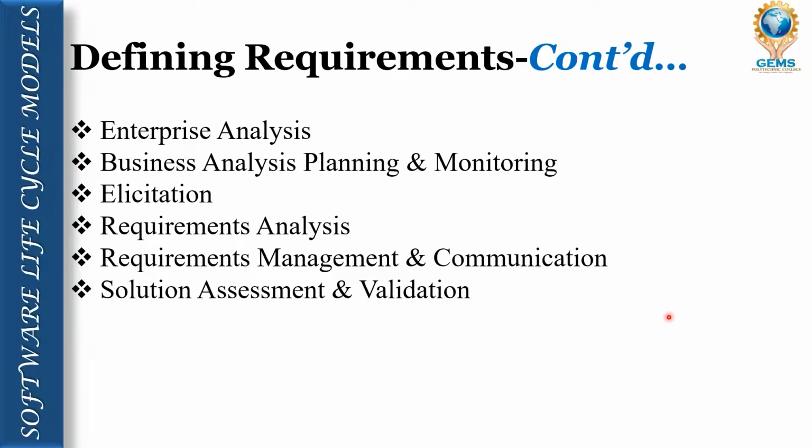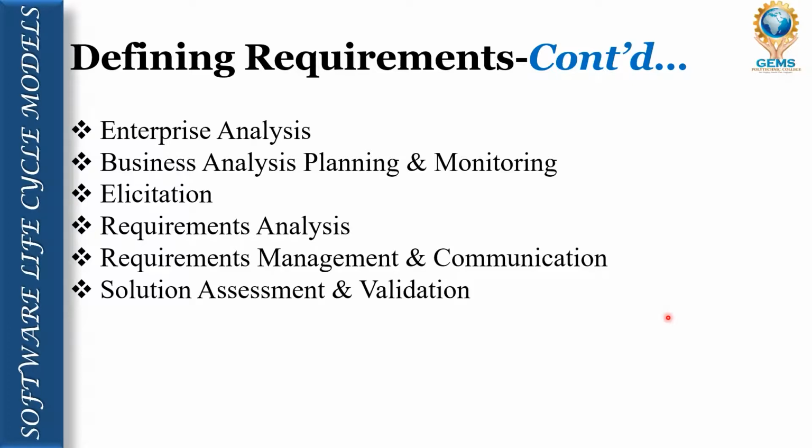Next we have the same continuous defining requirements. We have some points we will keep in our mind. That is called enterprise analysis. Based on the enterprise analysis, we are going to be designing. Business analysis, planning and monitoring, we have to be concerned. Requirement analysis, what we have in the requirement during the analysis we did, that is also to keep in our mind while we are going to define the requirements.